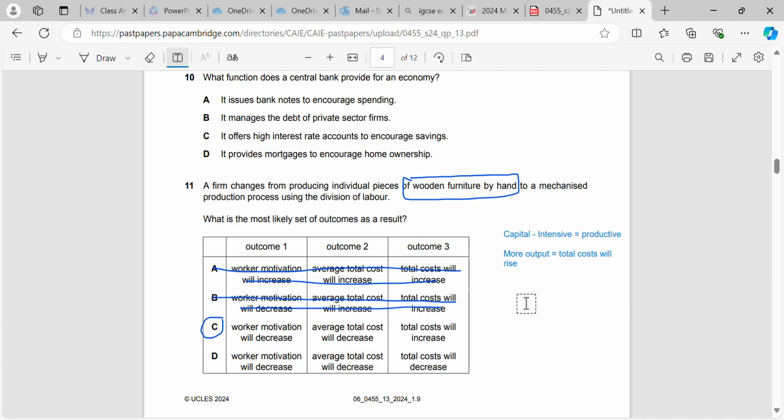Why? Because we're going to need to buy more raw materials, we're going to need maintenance of the machines, etc. So even though we're making more, and on average we're making more profit, our total costs will increase as we continue to buy more materials due to the fact that we're making more wooden furniture.